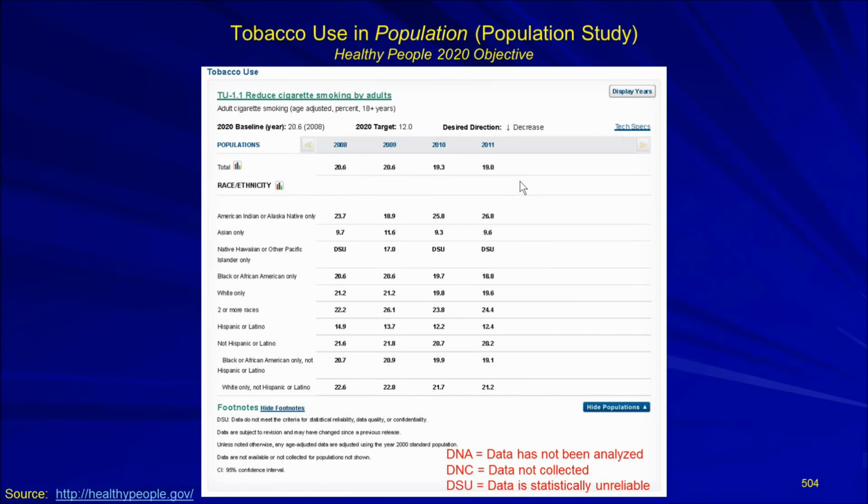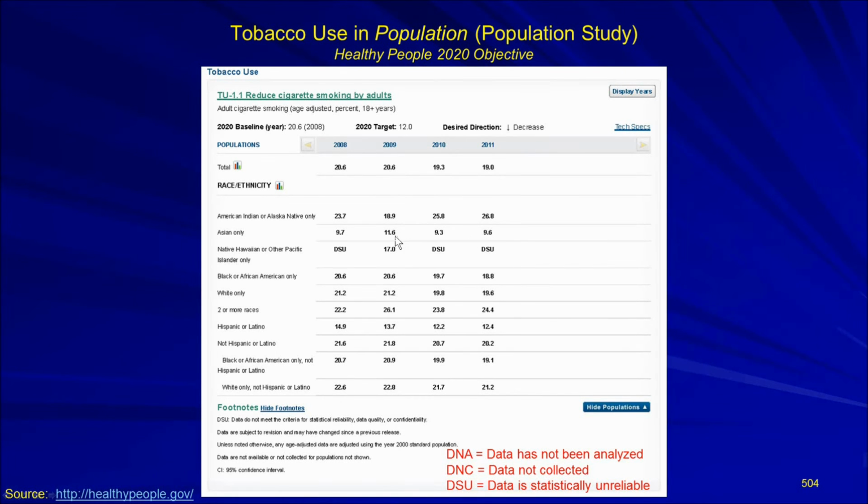And then you could go down and say, well, who smokes the most? If we look at race and ethnicity, which is an important factor, who amongst these groups smokes the most or the least? This is really interesting for Asians. They tend to smoke the least, and it hasn't changed.